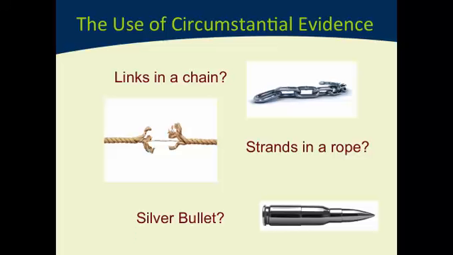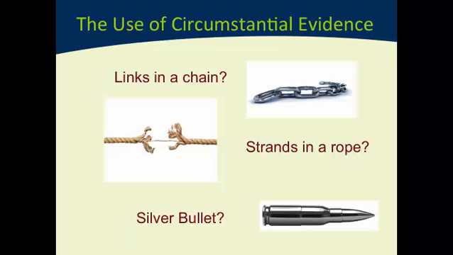And let's say we added a fourth strand to the rope by saying he's got a bunch of DVDs in the car that match the descriptions of DVDs stolen from the house. All of it's circumstantial evidence. But when you start to add all of those strands together, you get a pretty strong rope. They're not logically connected with one another, but they all pull in the same direction, and they make the inference that this is the person who committed the crime almost overwhelmingly likely.